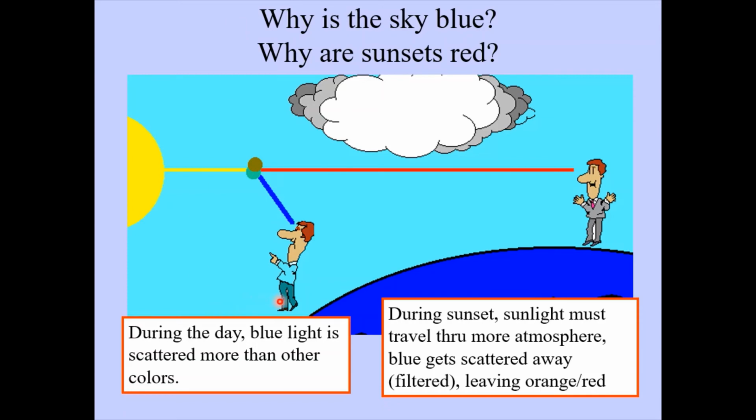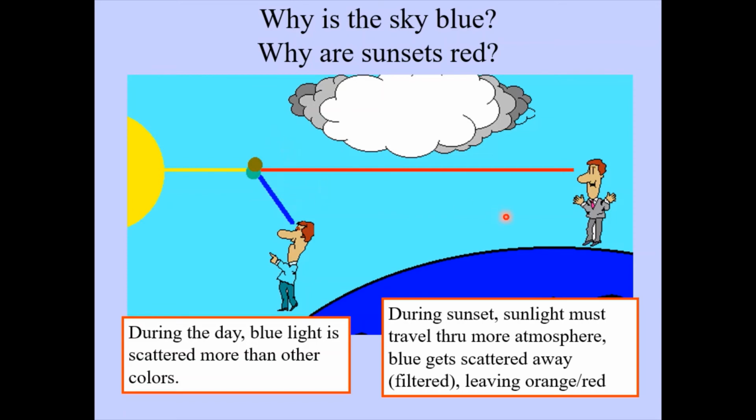So during the day when we're looking up, the sun is directly overhead, what happens is the light from the sun is scattering off of the atmosphere of our Earth, and blue light scatters more than other colors. We saw this actually in the last slide with the prism. Remember that the blue light was the one that was bending or refracting more, and the same kind of process happens here with scattering. So the sky appears blue because of that scattering angle.